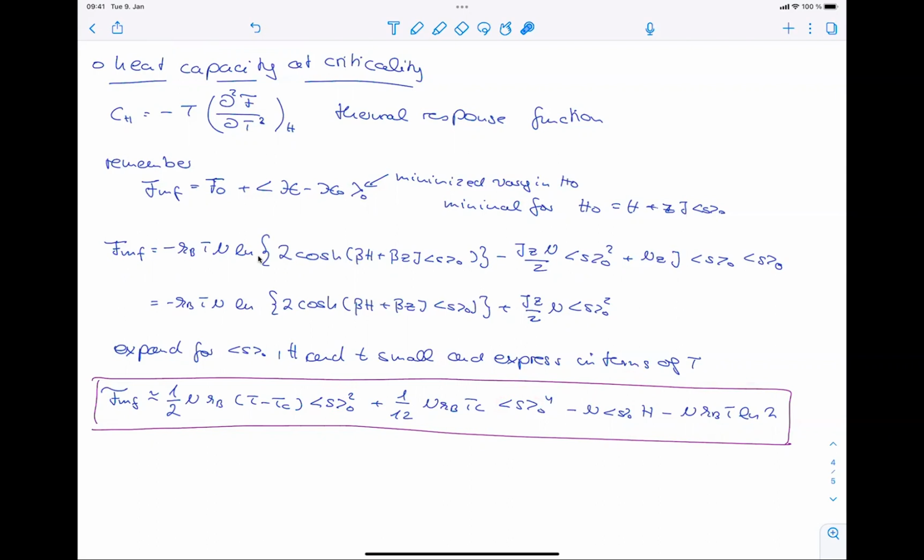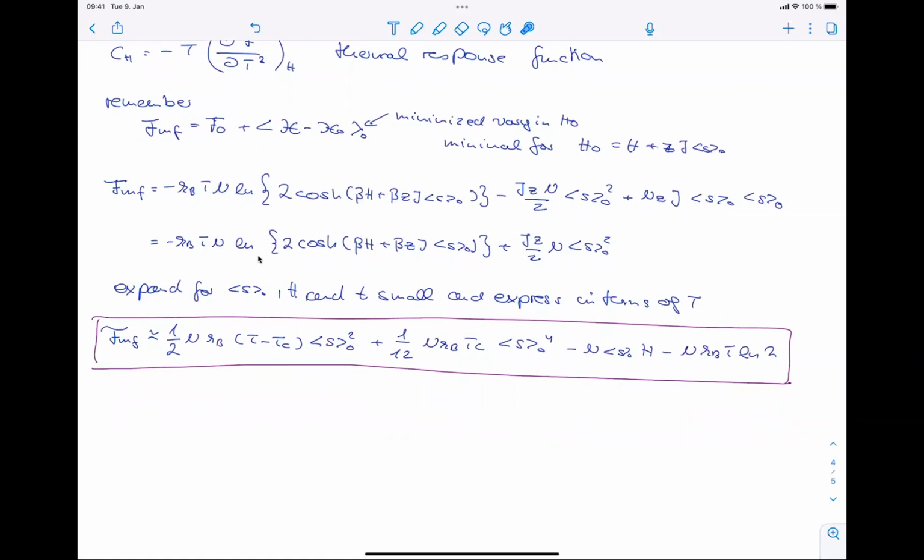So these are the terms that we will find again. But here they just follow from the mean field approach and expanding this expression in terms of the mean field, the applied field, and a reduced temperature.